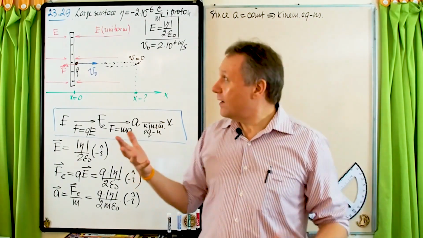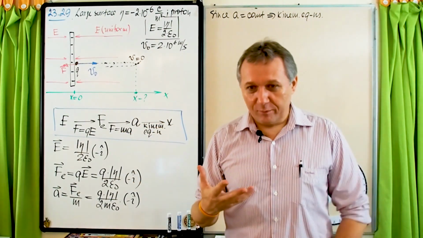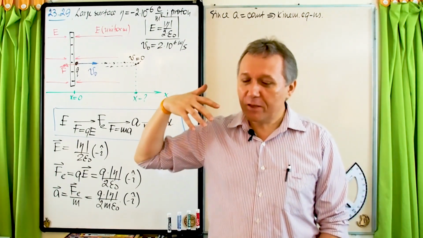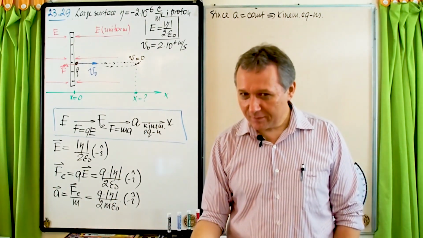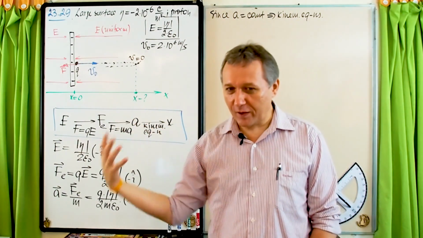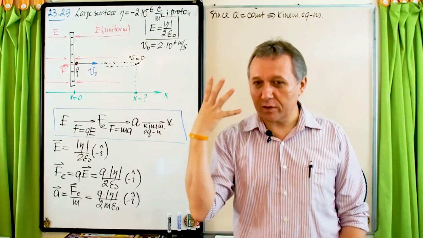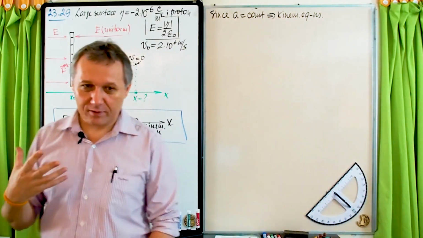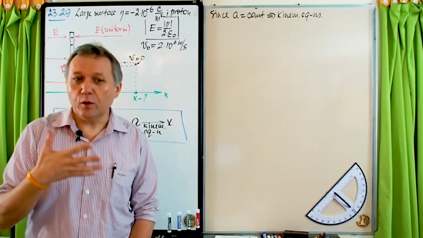But we have equation number 3, which was derived for the cases where information about the time is not given, and the question is not about finding time. That's the beauty and the reason why equation number 3 was derived, which I usually call a no time equation.